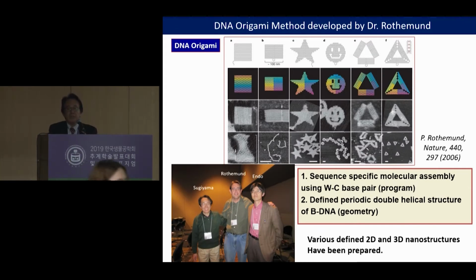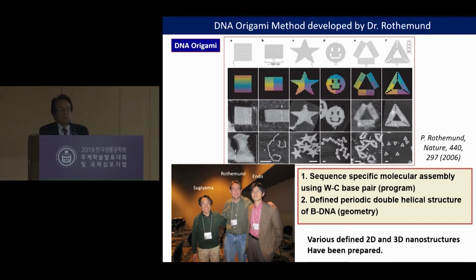He only used specific Watson-Crick base pairs and the canonical structure of B-form DNA. He demonstrated that he can create many shapes, including a smiley face. Since this DNA origami method is very reliable and robust, various two-dimensional as well as three-dimensional structures have been prepared using this method.